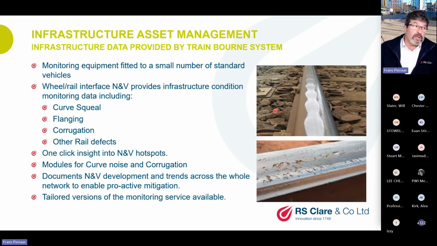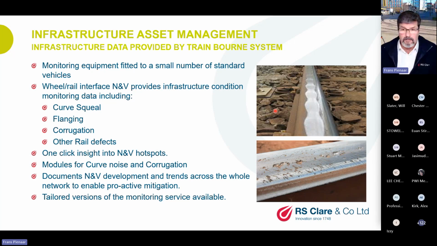So the next part that we're looking at is the infrastructure asset management. Here we're looking specifically at the infrastructure, the rail. Like I said in the beginning, we look at the wheel rail interface. That is the part that we're concentrating on. What we want to do is monitor what's going on the rail, and we're doing that by installing equipment on the fleet, on the rolling stock.